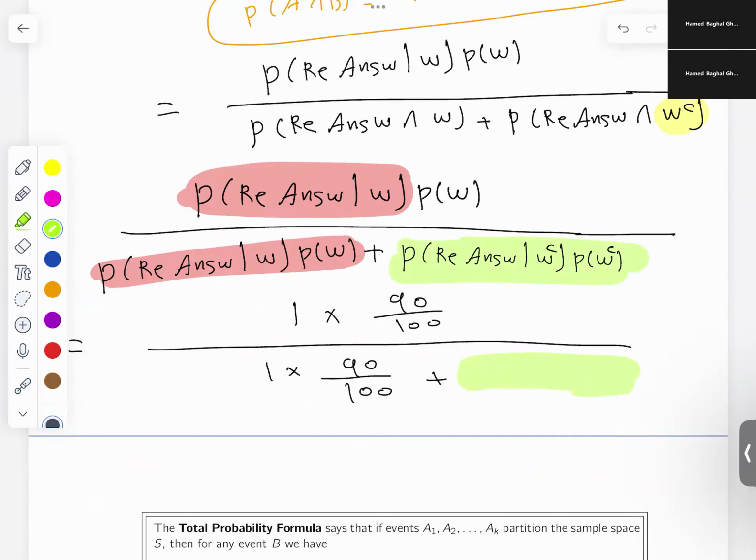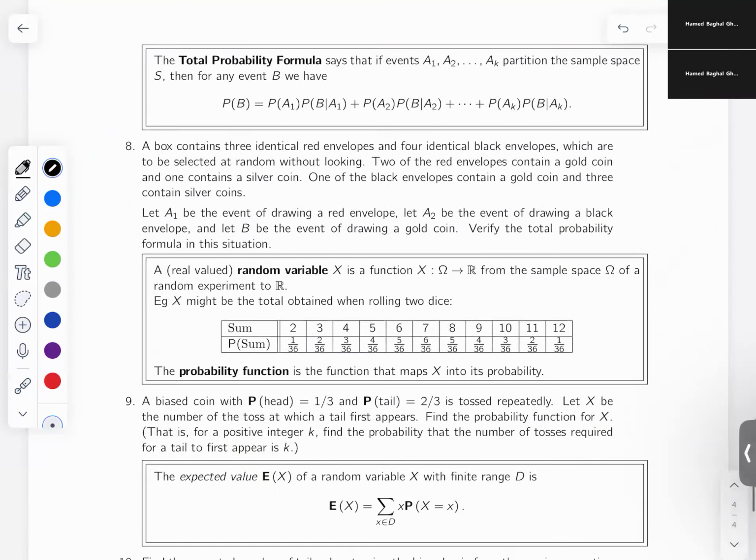We will complete this one here. 20% times the probability that the machine is not working is just 10%. It will be 90 over 92. Okay, do you understand? Any question about this? Okay.